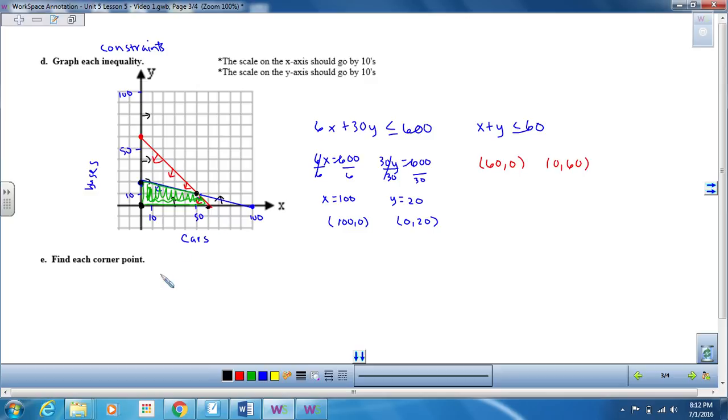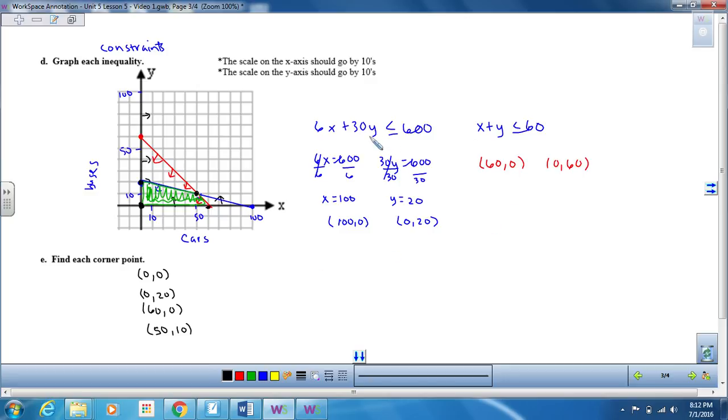Okay, so the first corner point is (0, 0). And then this corner point here is (0, 20). This corner point here is (60, 0). This one here looks like it's going to be (50, 10). But I don't know that for sure. So I have to make sure that that's the right corner point.